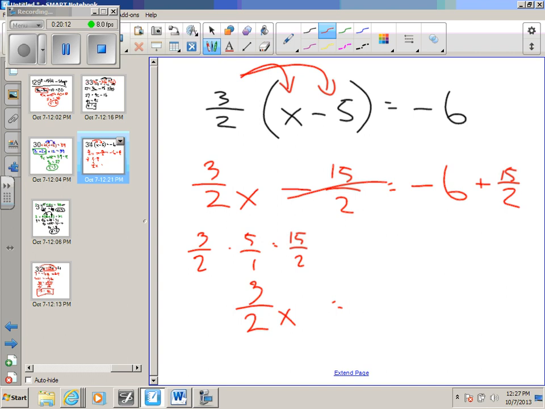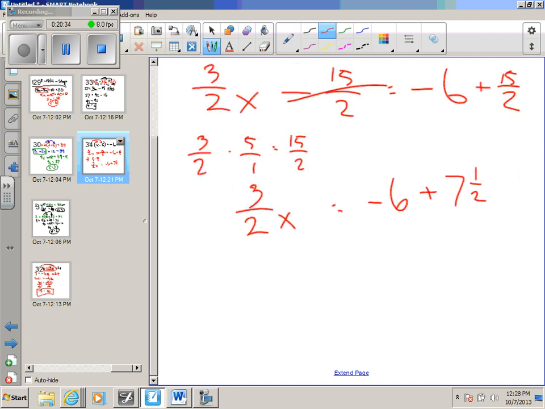It may have more meaning if you convert it to a mixed number. What is that as a mixed number? 15 over 2. How many times is 2 going into 15? 7 with 1 left is 7.5. So if you're at negative 6, you add 7.5, where does it put you? Positive 1.5, right?